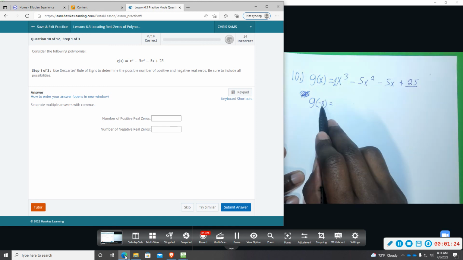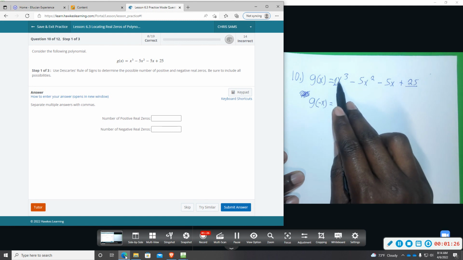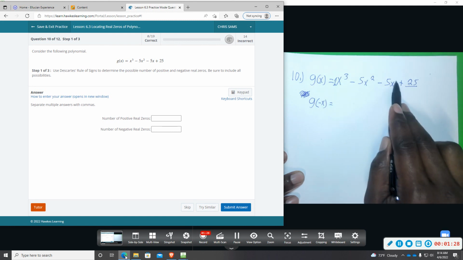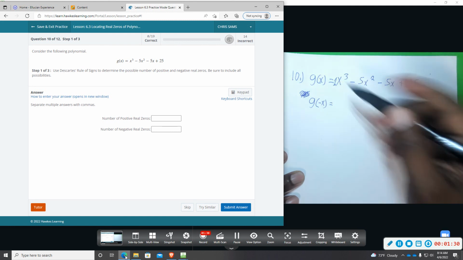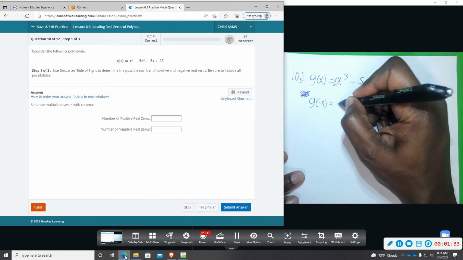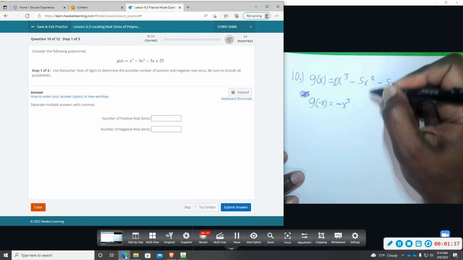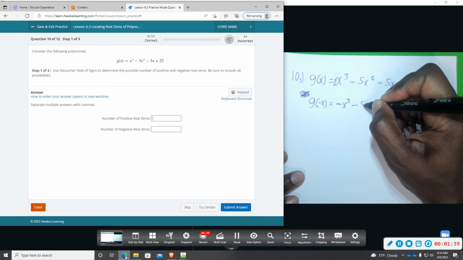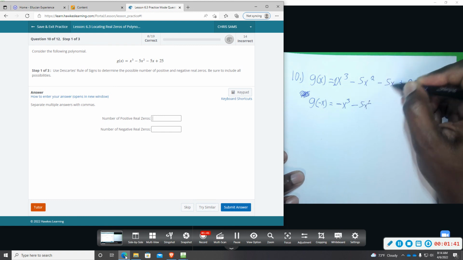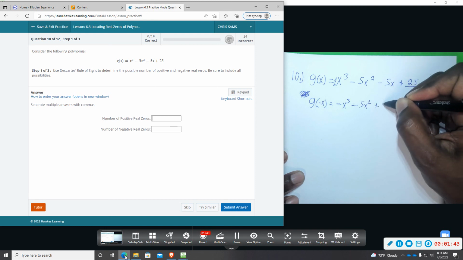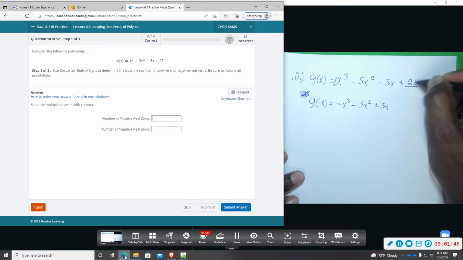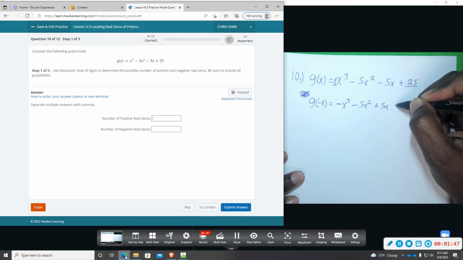Remember, with g of negative x, you only change the sign of odd degree terms. So this was positive, so when I do g of negative x, it will be negative. And then even degrees will stay the same. This will change signs. And this does not have an x, so it will stay the same.